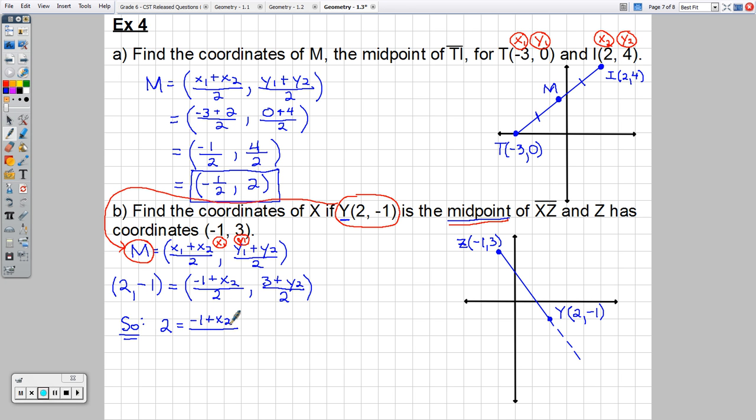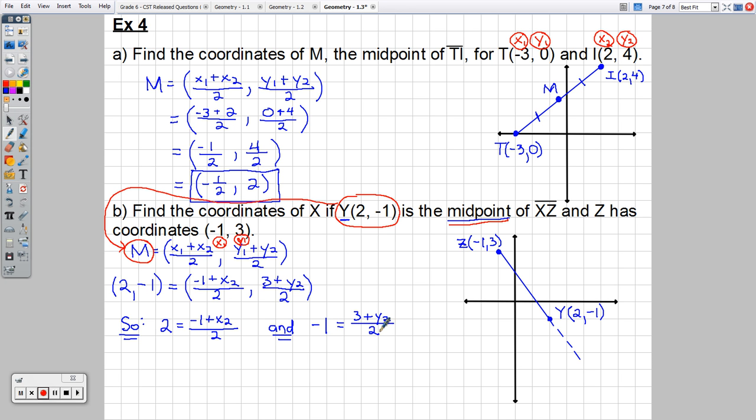And again, that's a subscript, so it's smaller than the x itself, written a little beneath it, to the lower right-hand corner of it. And we'd have -1: the y-coordinate would equal 3 plus y2 over 2.